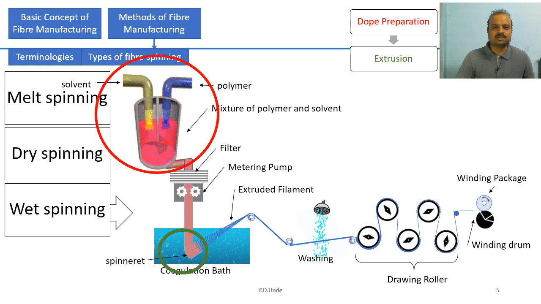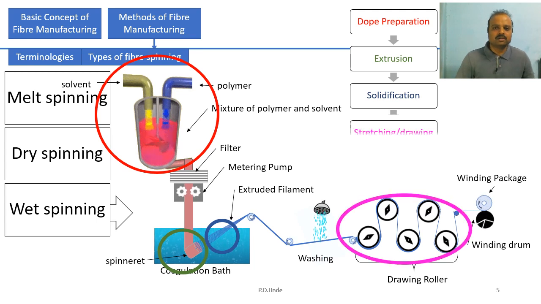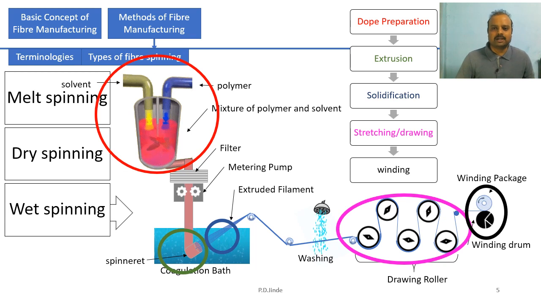Number 1 is dope preparation. The second, a very crucial part of this spinning, is the extrusion process. Now after extrusion, the third important stage is nothing but solidification, then stretching and drawing, and ultimately winding. So in total there are 5 steps in wet spinning.